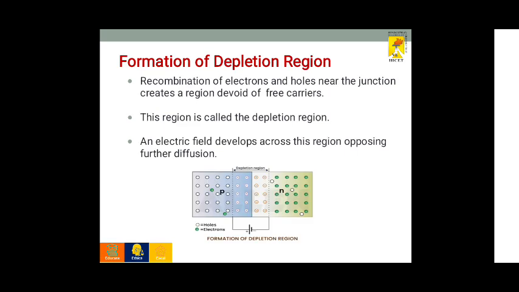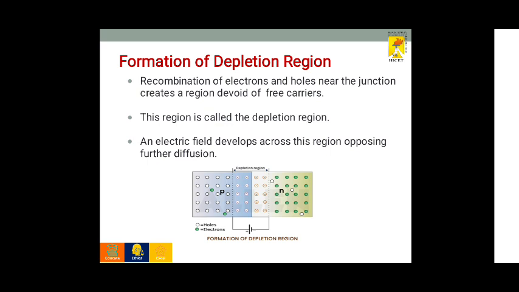If you connect P-type and N-type substrate, it forms a depletion region by recombination of electrons and holes near the junction, and it is devoid of free carriers.